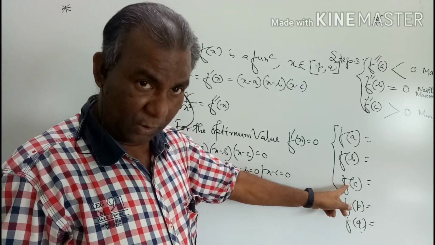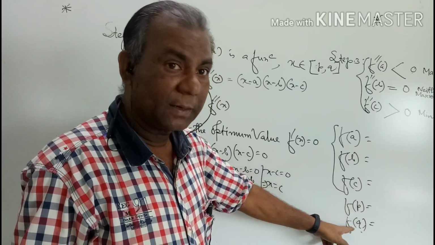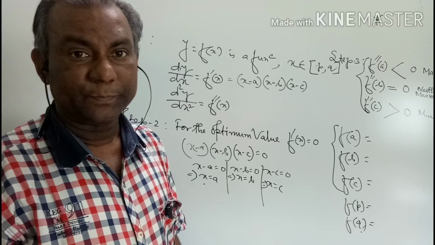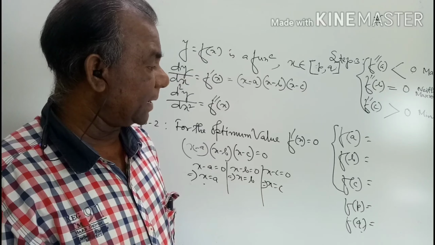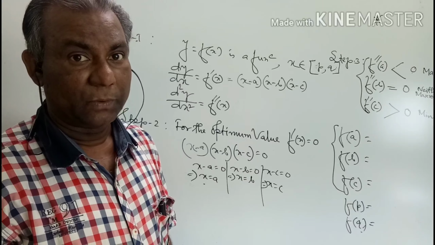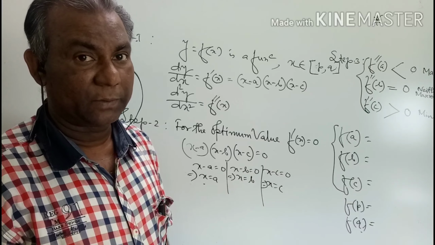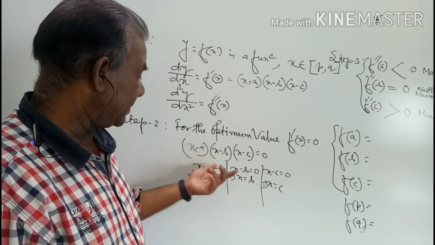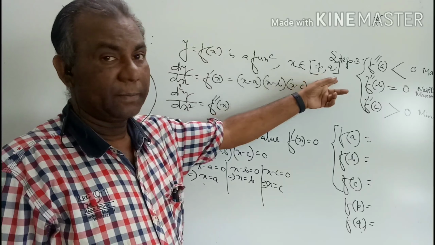Global is considered when you find the functional value at A, B, C and the boundary points.